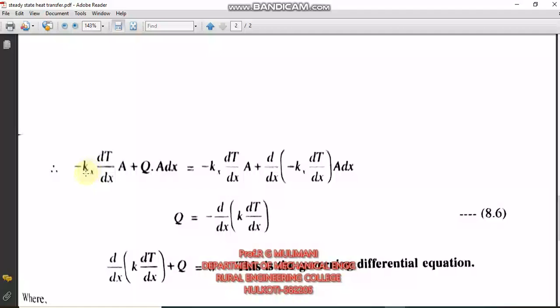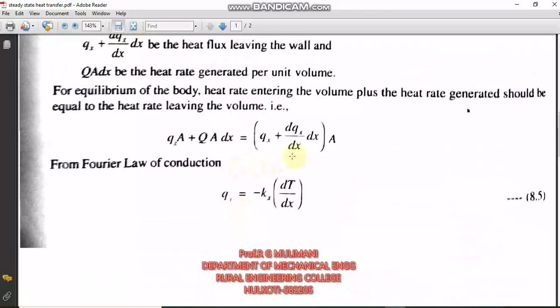It is the thermal conductivity in the x direction. Since it is a one dimensional problem, heat transfer takes place only in this direction. This is the heat generated in the body, q into A into dx, and that is equal to qx.